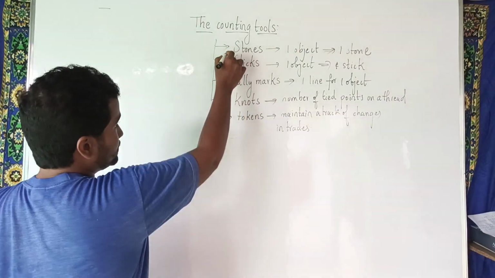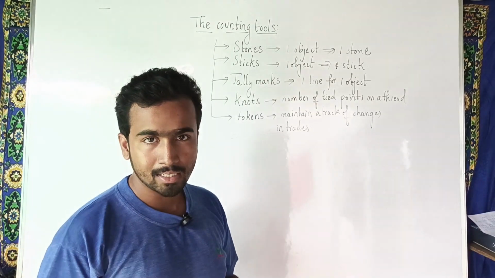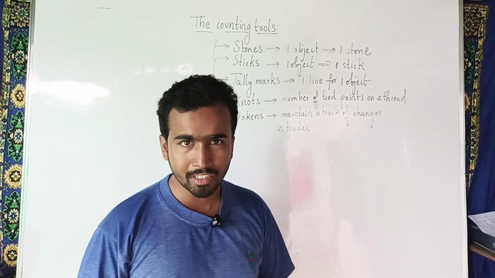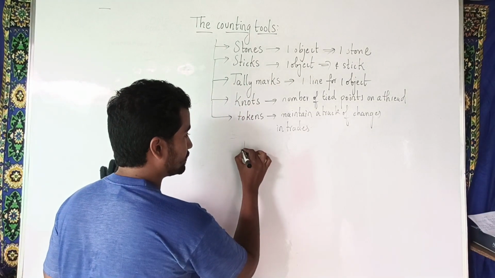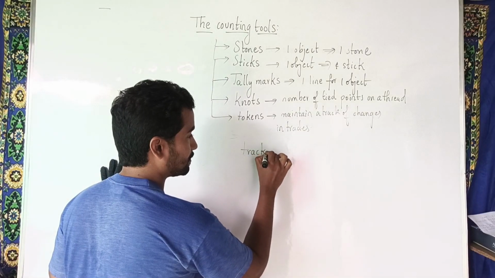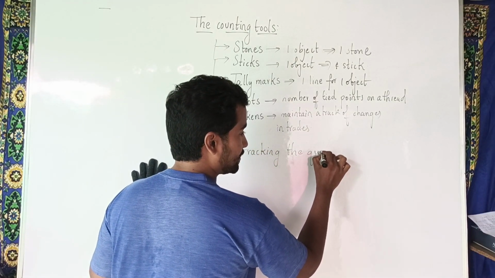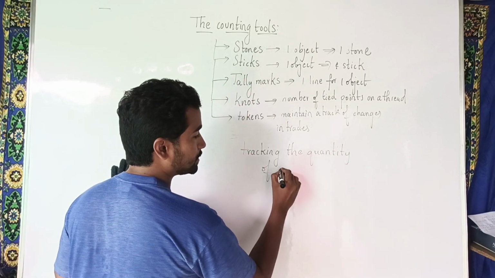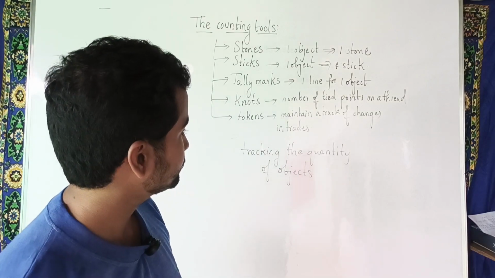So these are the alternative procedures the ancestors of the world used as a part of tracking the quantity of objects.